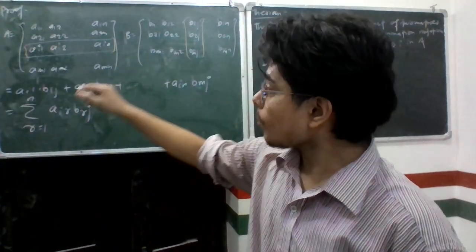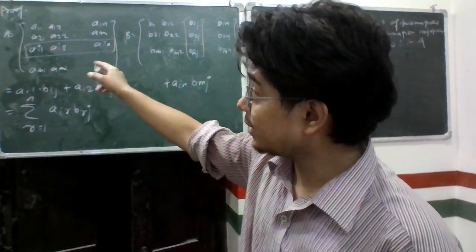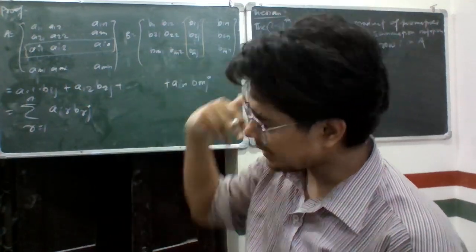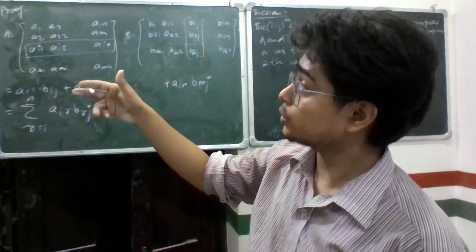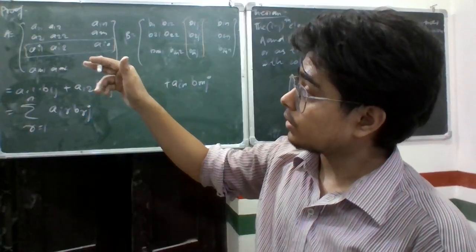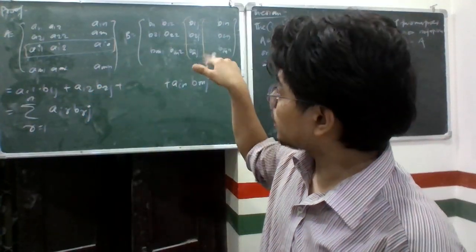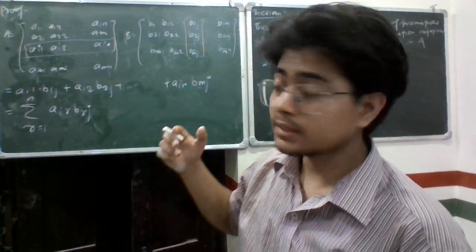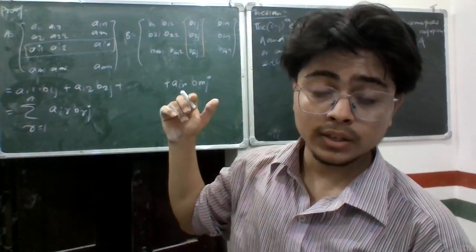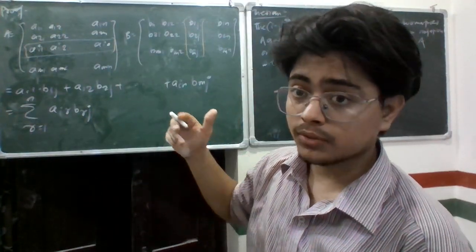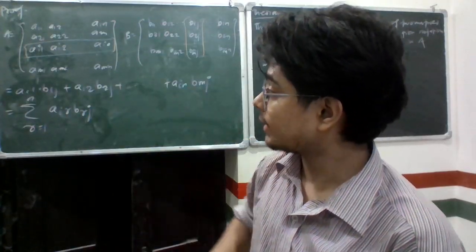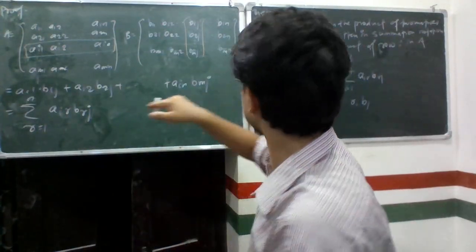Then I chose a row of A and a column of B, and I wanted to show that this matrix multiplication can be shown in the form of a dot product. So I wrote that dot product, and we can denote that this way, which proves the theorem.